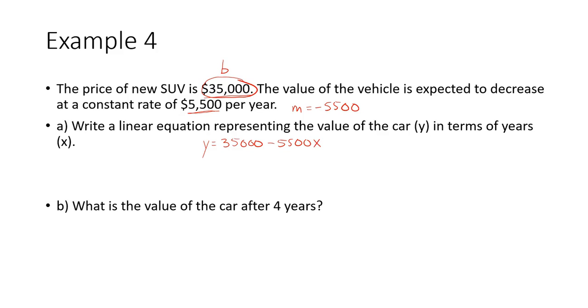If we want to find the value of the car after 4 years, now we can replace x with 4. 35,000 minus 5,500 times 4. 35,000 minus 22,000. And so after 4 years, the car will be worth $13,000.